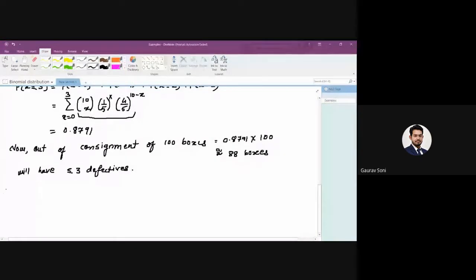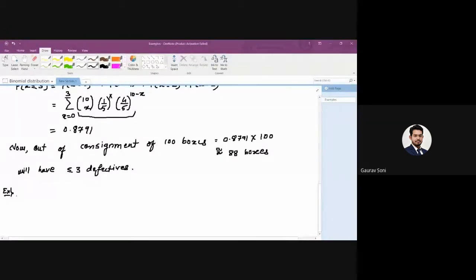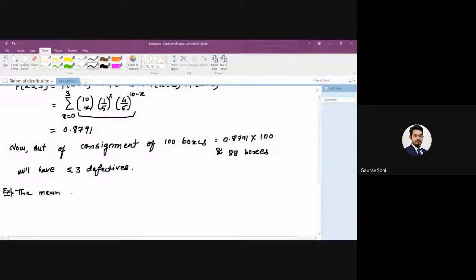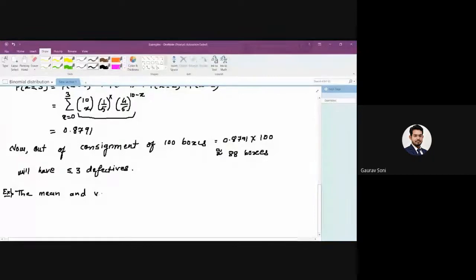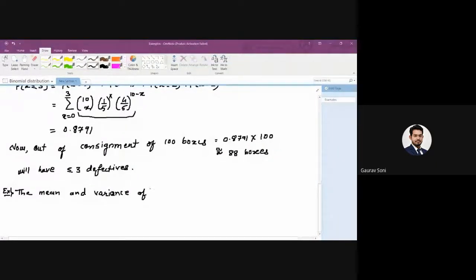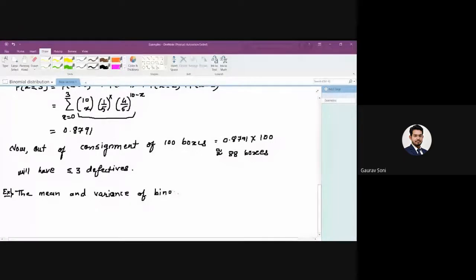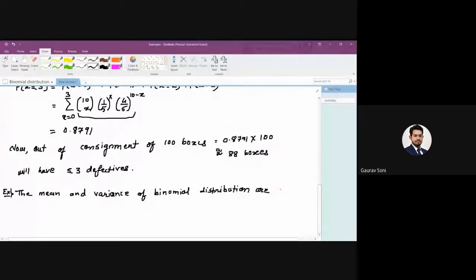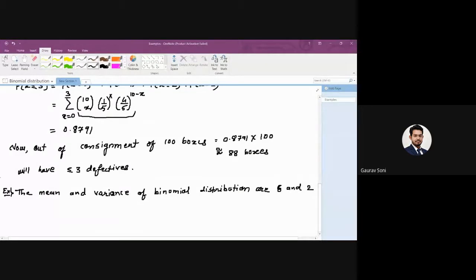Next example. The mean and variance of a binomial distribution are 6 and 2 respectively.